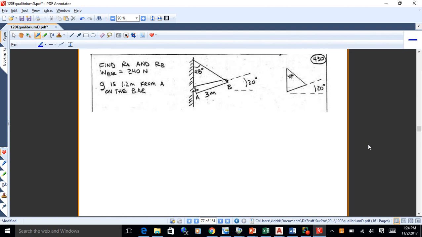Remember to put the weight on that thing. The weight's 1.2 meters from point A on the bar. Okay.